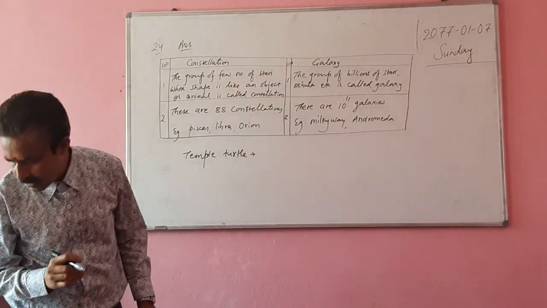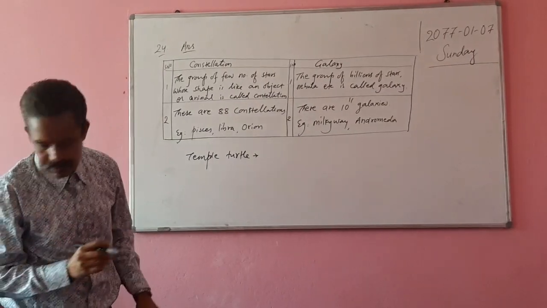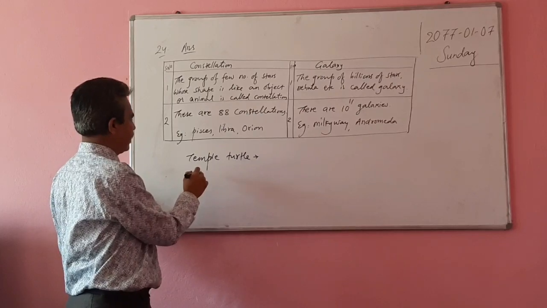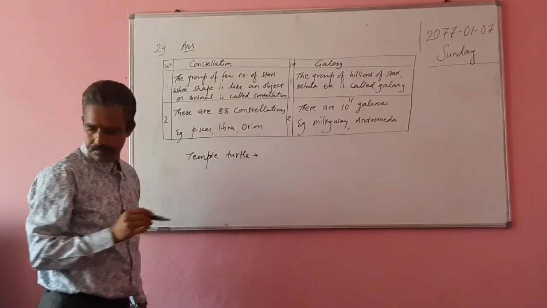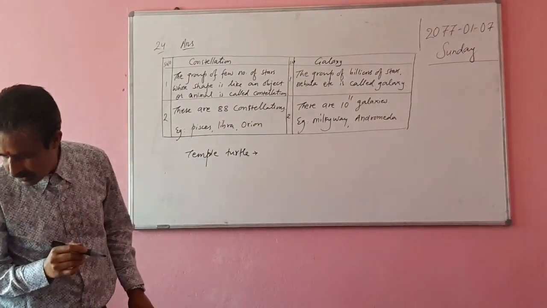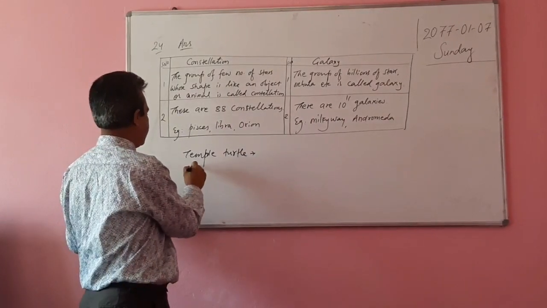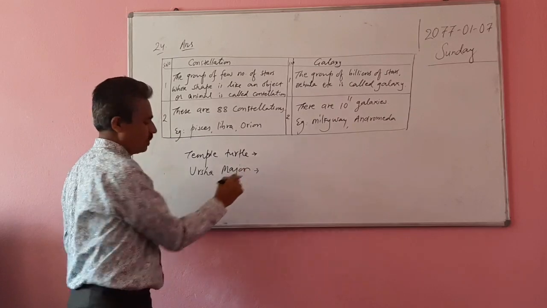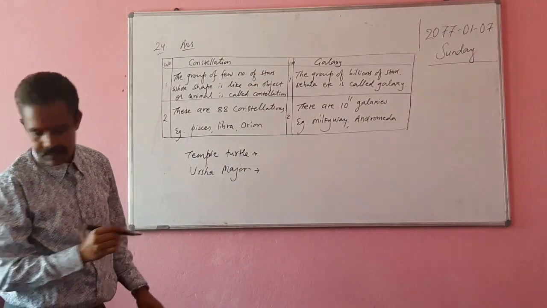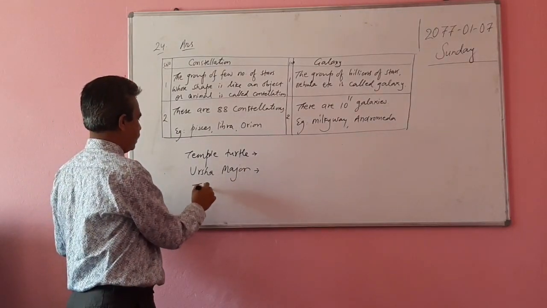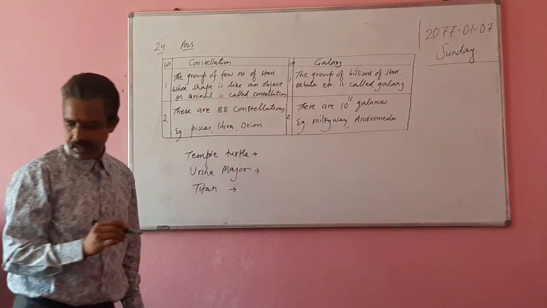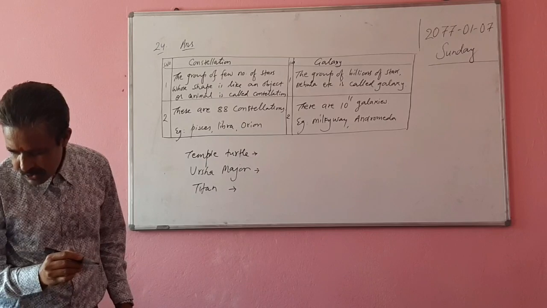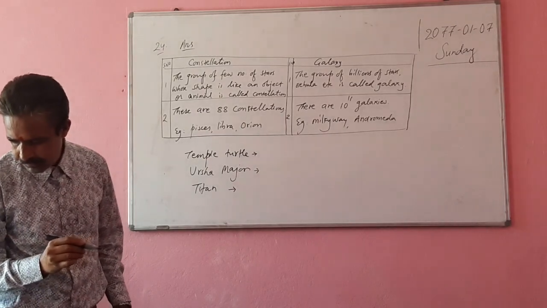Next one is Sirius. Okay, Ursa Major. What is next here? Titan. We have to identify constellation, satellite, asteroid and comet.